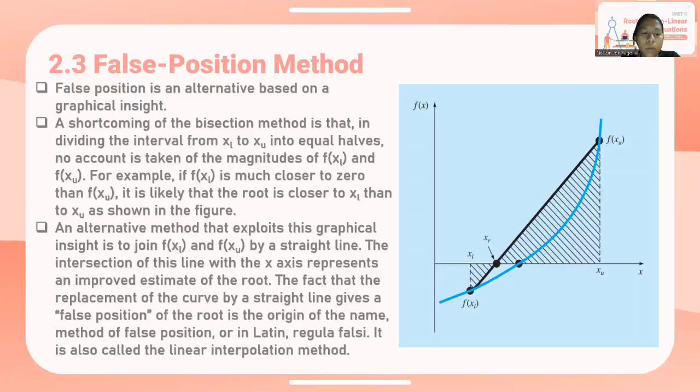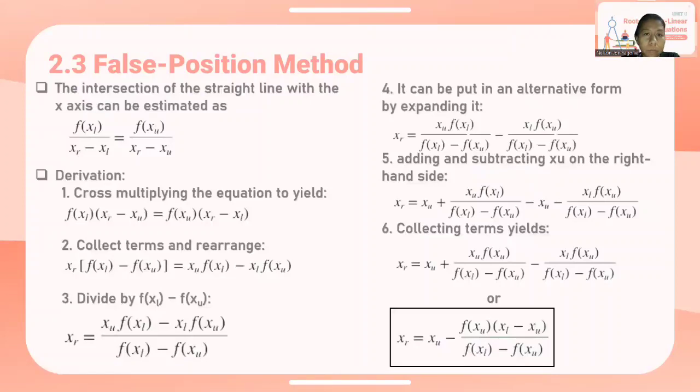It is also called the linear interpolation method. The intersection of the straight line with the x-axis can be estimated as f(xl) over xr minus xl equals f(xu) over xr minus xu.